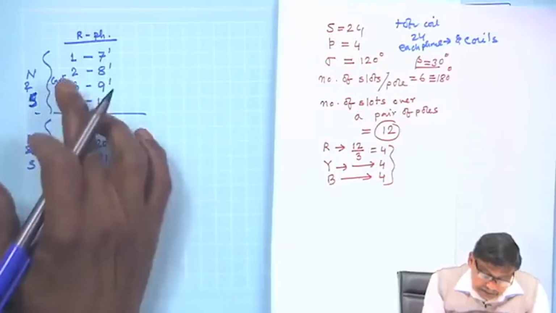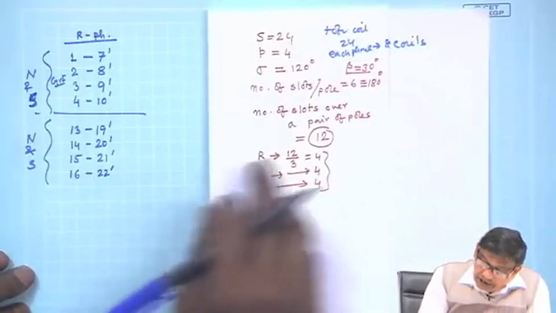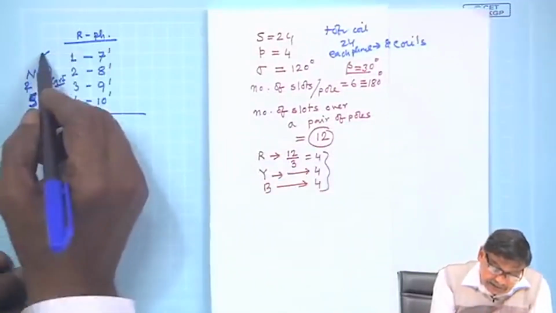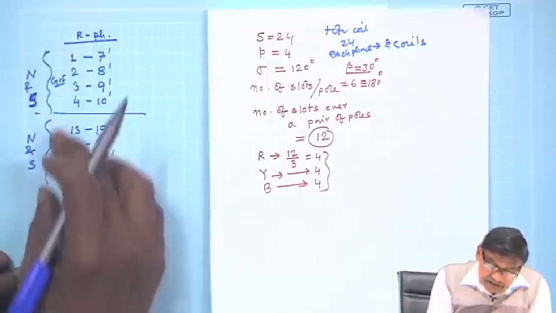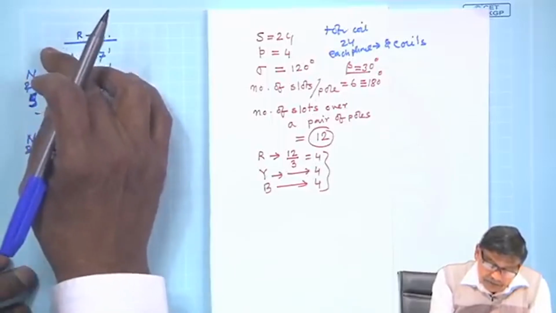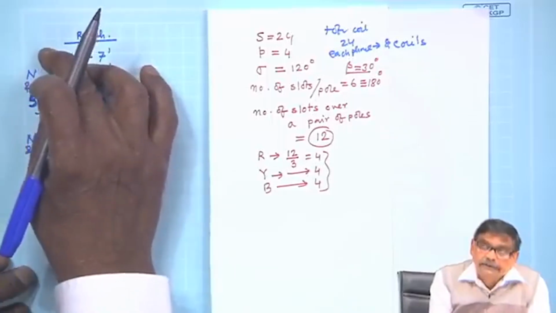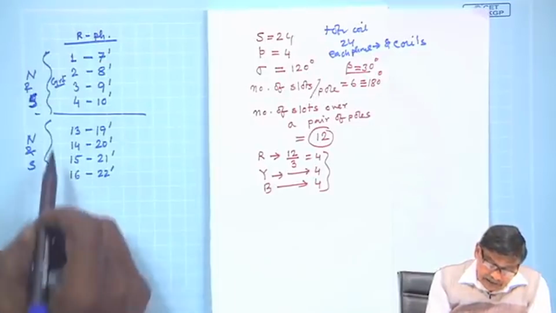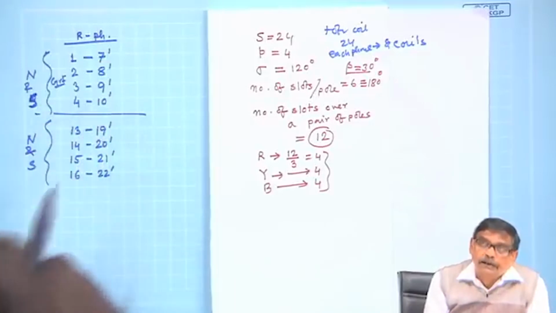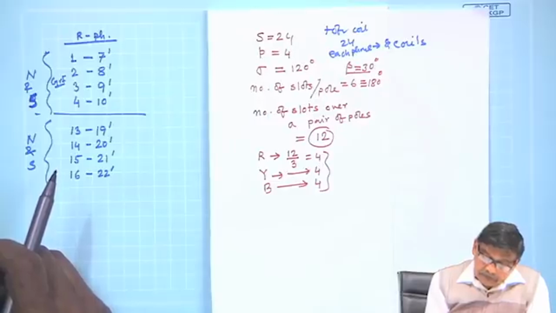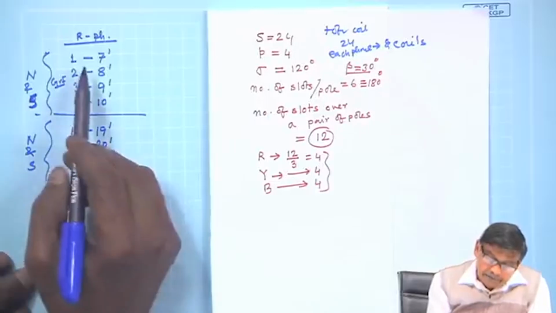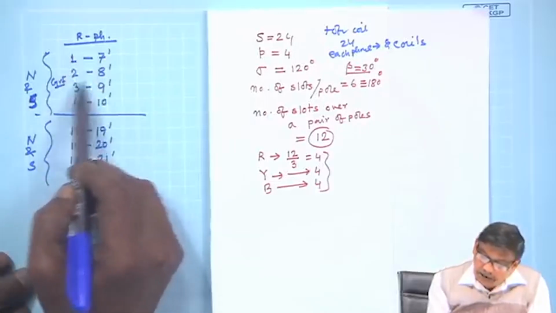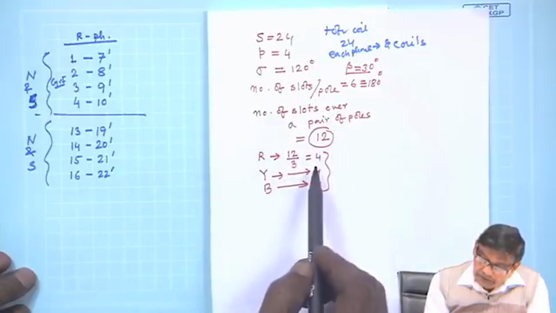I am repeating. See, that number 4 I have got, this length covers a pole pair, and this length covers another pole pair. So, in this pole pair, the first 4 coils, this number 4 I have got from this.